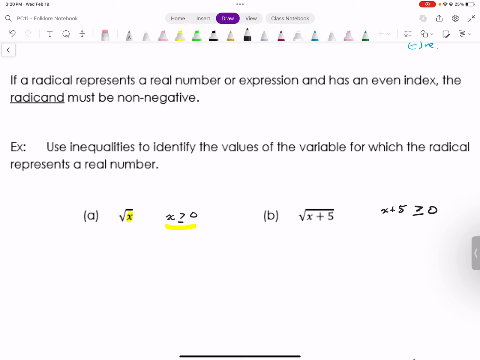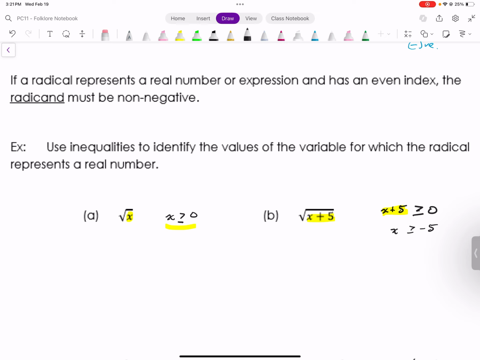In B, again, my radicand has to be greater than or equal to 0. So x plus 5 is greater than or equal to 0. If you subtract 5 from both sides, you'll get x is greater than or equal to negative 5. Those are the values where the radical will yield a real number.